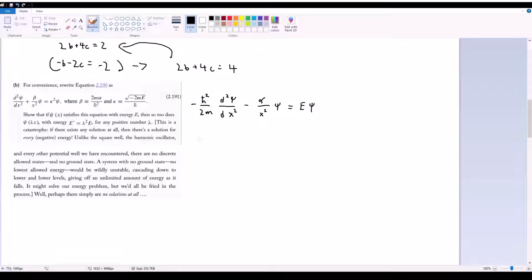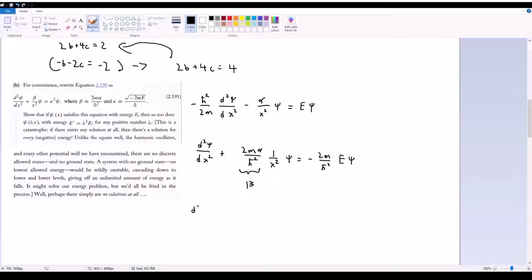So in that case, we get d2 psi by dx squared plus 2m alpha over h bar squared times 1 over x squared times psi, and this is equal to negative 2m over h bar squared multiplied by E multiplied by psi. So immediately now, this term right here is just beta.